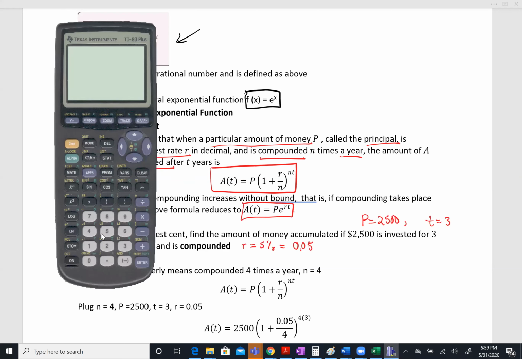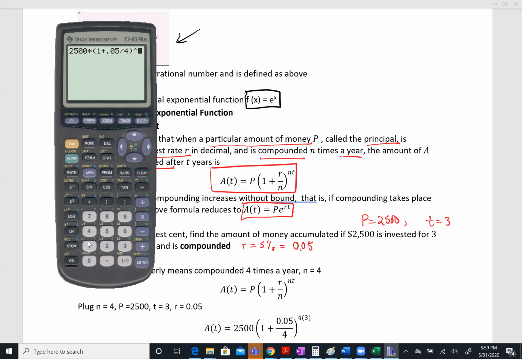Now I'm going to use my calculator to calculate this case. I have 2,500 times, I have to put parentheses, 1 plus 0.05 divided by 4, close the parentheses, and then power 4 times 3.